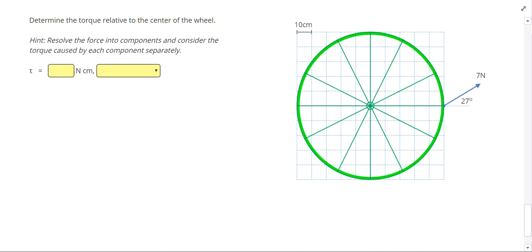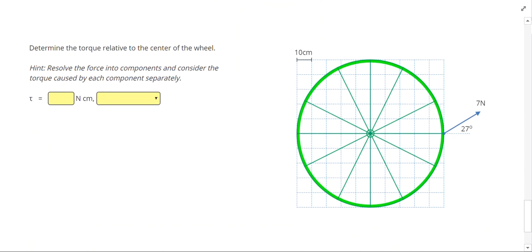Alright, one last problem right here. So in this problem, it says we need to figure out the torque caused by this 7 Newton force, but this 7 Newton force is pulling at a 27-degree angle with the horizontal. Alright, anytime I see a diagonal force, what I want to do is break that down into components.